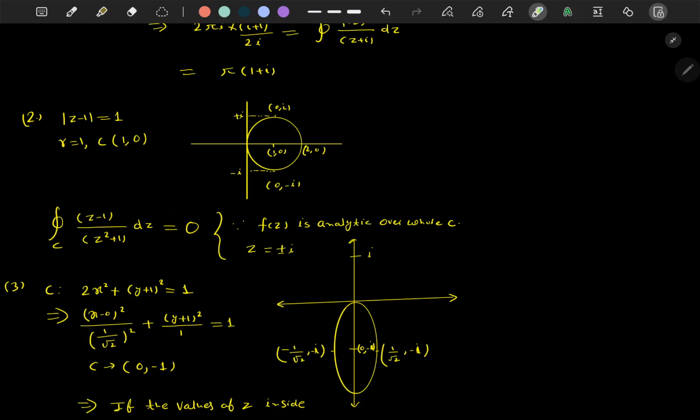Why is it 0? Because we have studied it. If both points are lying outside the closed contour C, then the integration of the function will be 0, because the problematic points z equal to plus minus iota are not lying inside the closed contour C.